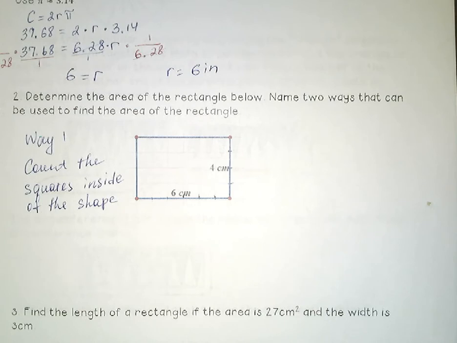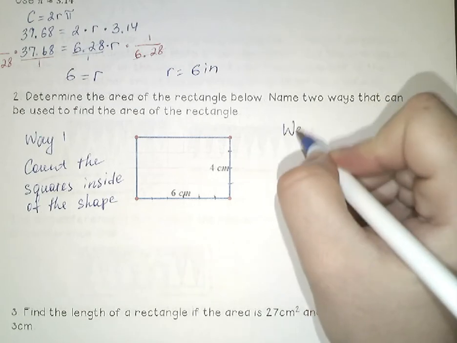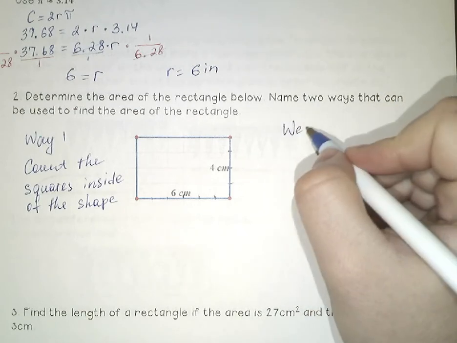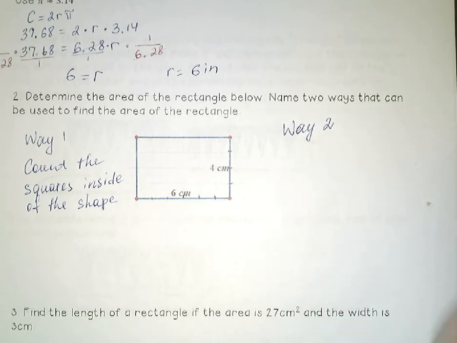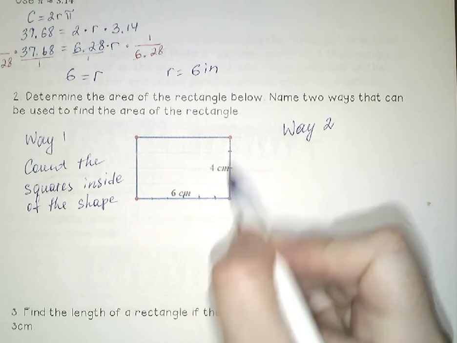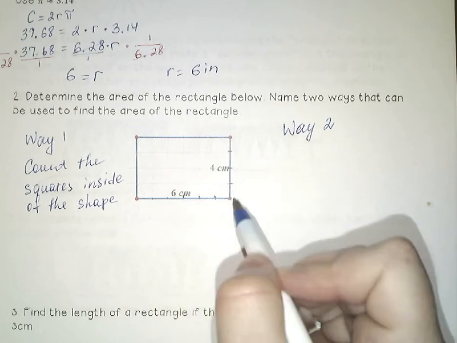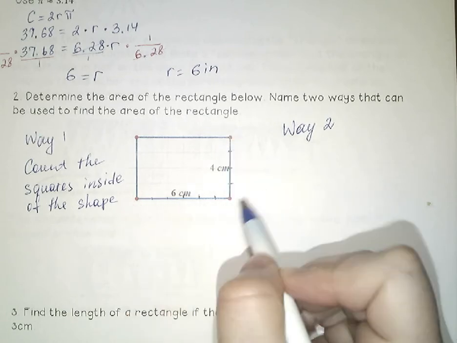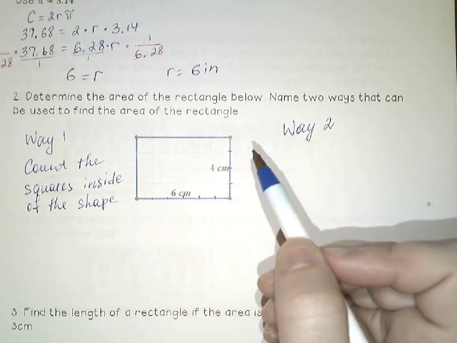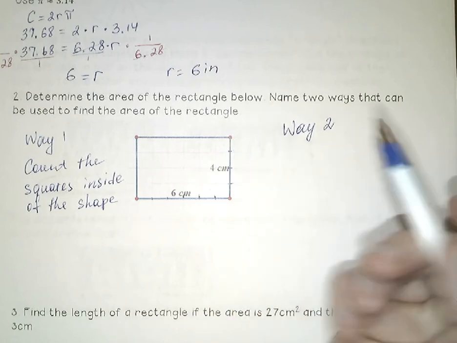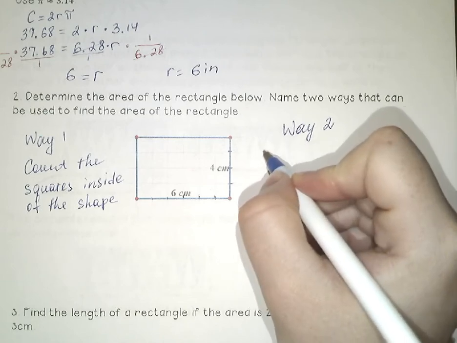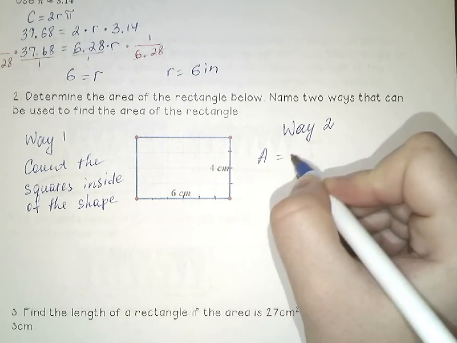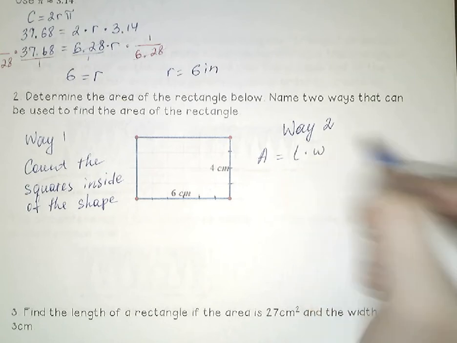Okay. When you went to the 3rd or 4th grade, way 2, you learned that you can multiply side by side, or length by width, or length by height, to get the area of the shape. So way 2 is to find the area by multiplying length times width, right?